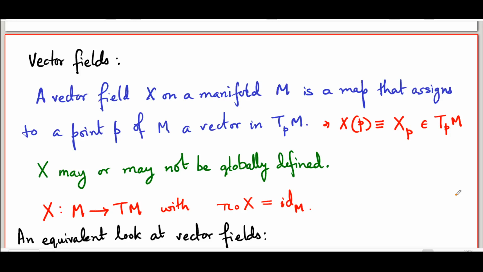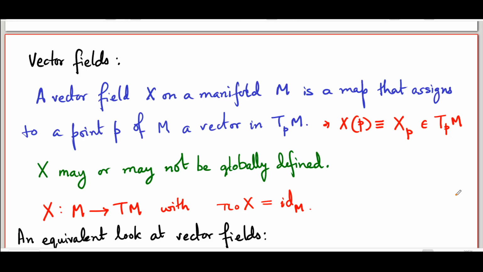So it's obvious that strictly speaking, mathematically, we are talking about two different kinds of entities here. However, the second version of vector fields, the one which sees a vector field as a map which acts on C infinity of M to give you a C infinity of M function, is exactly equivalent to the version that we have talked about right now.